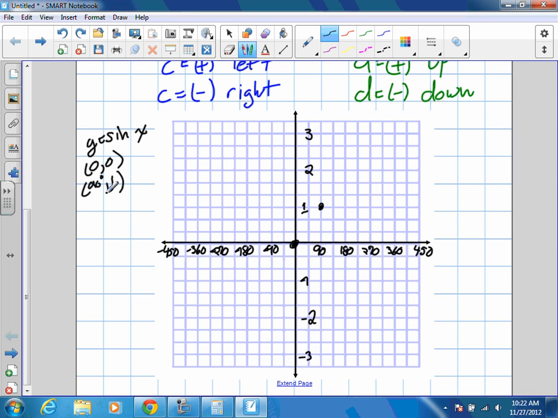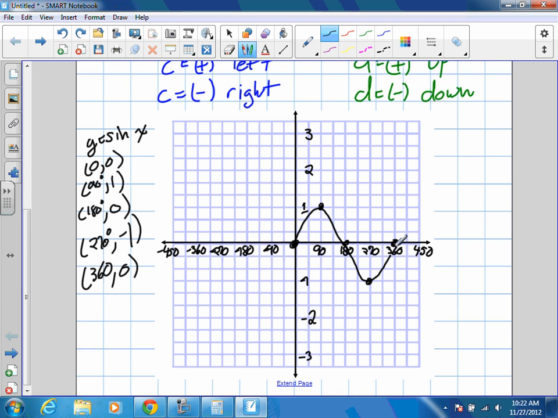The next major point here is 180 degrees. What is my y value? 0. Good. What's my next major one? -1. But what's the x value? 270 degrees. Good. Value of y? -1. Good. And then the last one? 360 and 0. Good. Those 5 major points complete a cycle or a period here.